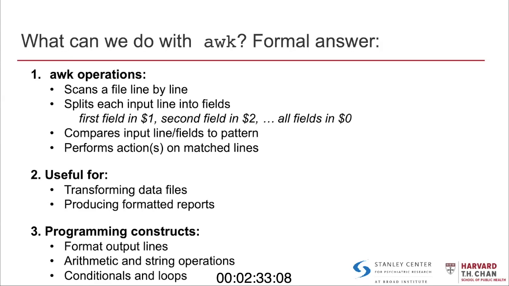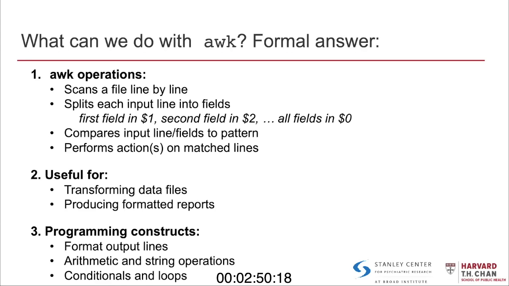And it's also useful for producing formatted reports. So let's say you can use awk to read a file that contains all the results of a GWAS and only print the results for the SNPs that have a p-value below some threshold.